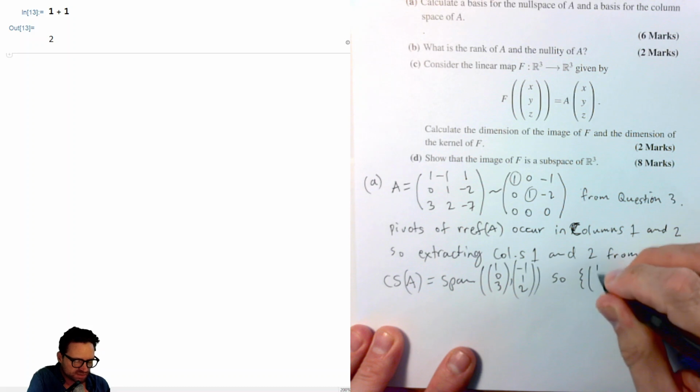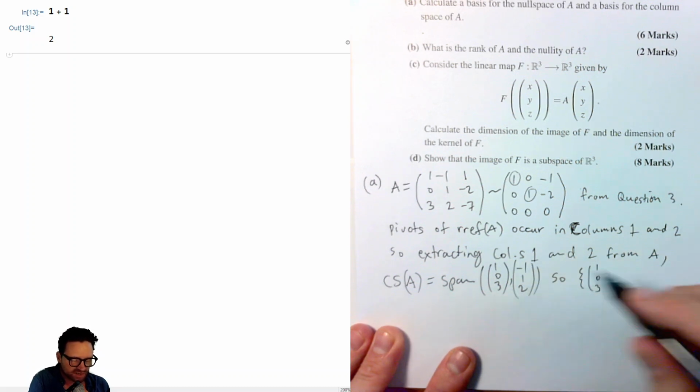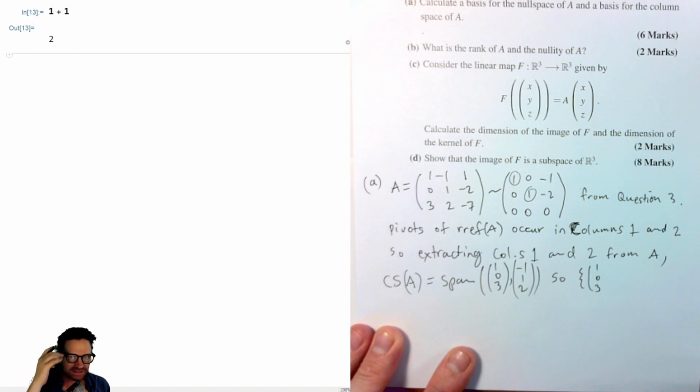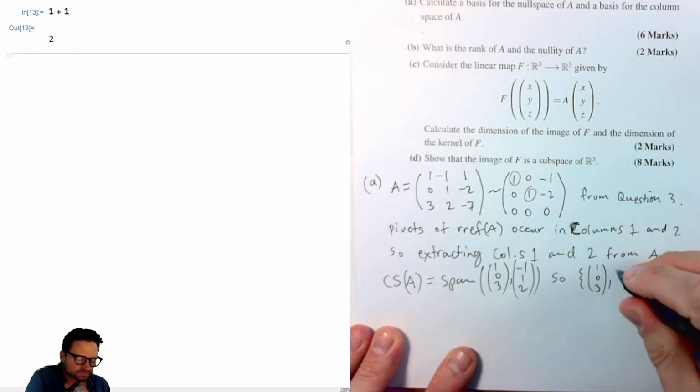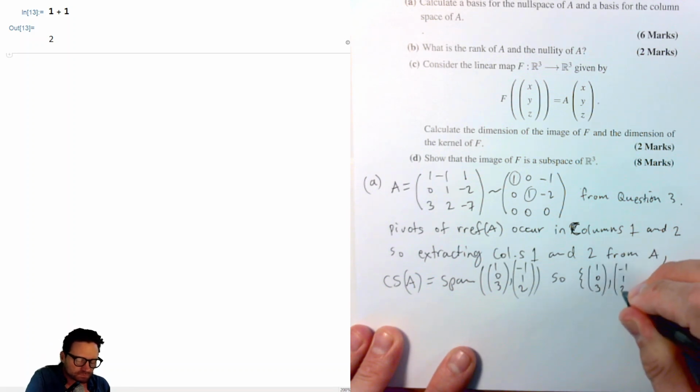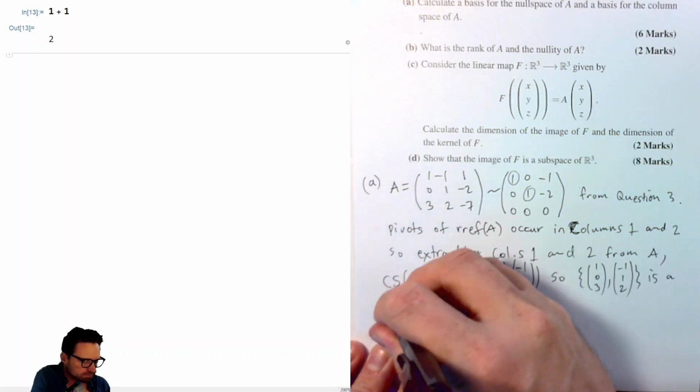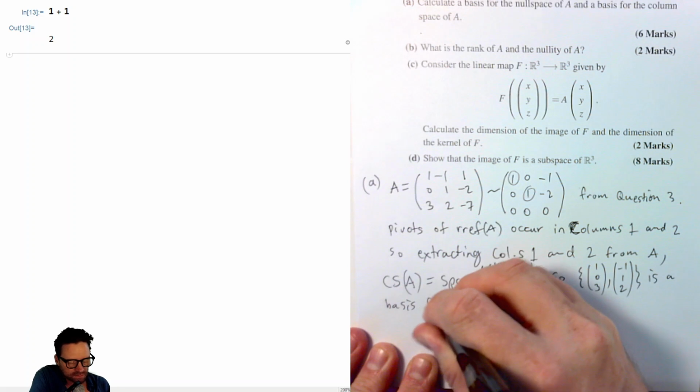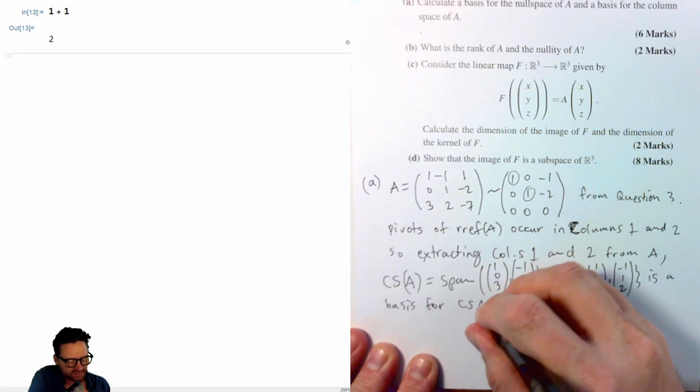So we have a basis, because these two vectors are linearly independent, so this is the basis for the column space of A.